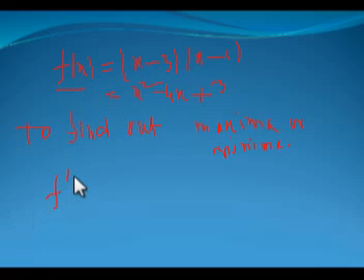What will the first derivative of f(x) be? It will be 2x minus 4. So it must be equal to 0. If there is a maximum or minimum, it must be equal to 0.